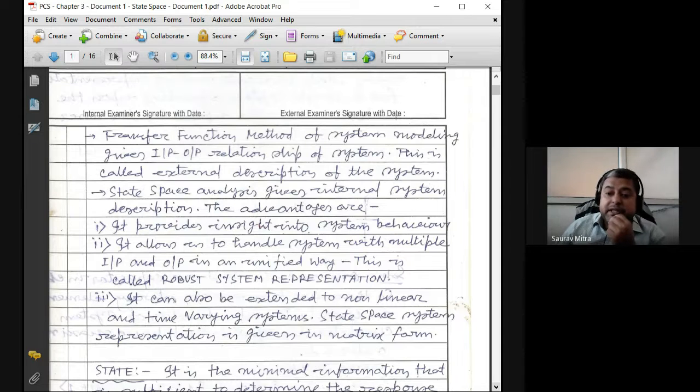For non-linear and time variant systems, you can apply state variable system modeling. So all the small and big disadvantages of transfer function based system modeling can be overcome by state variable system modeling. And it's a very modern kind of technology. It is using matrices and it is using computers.